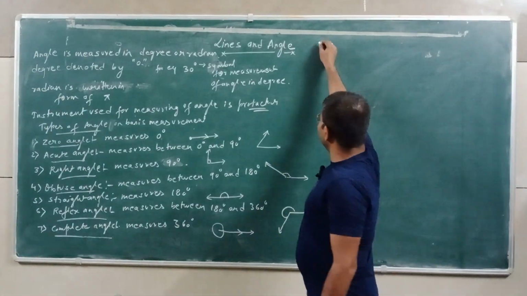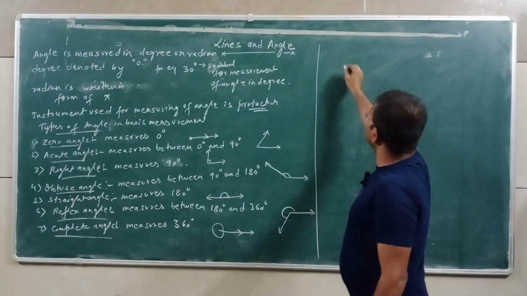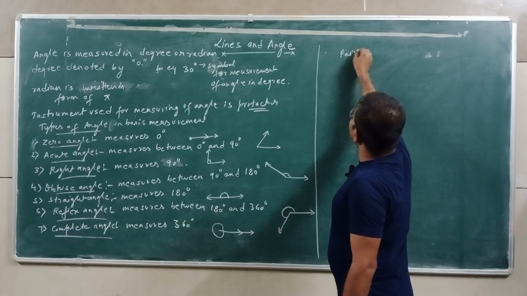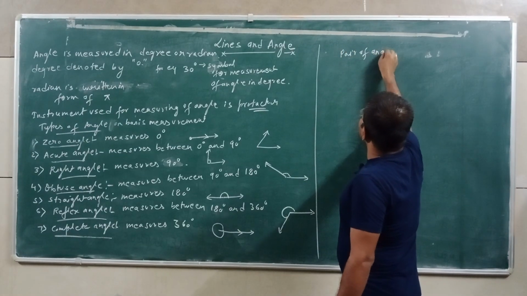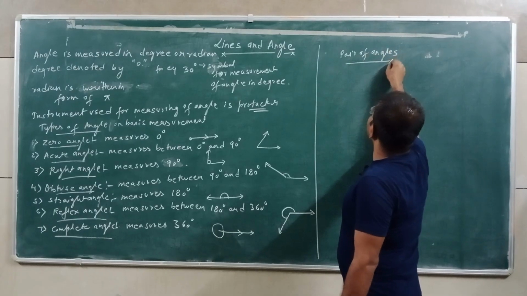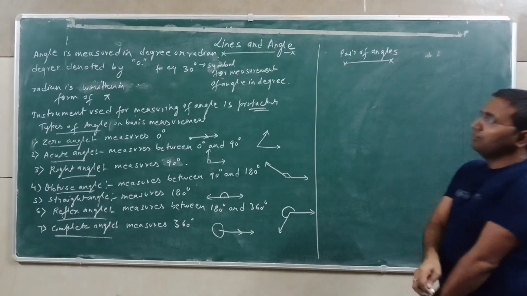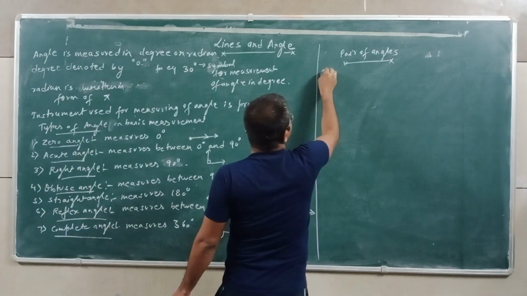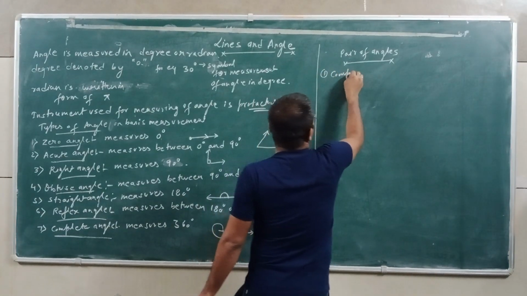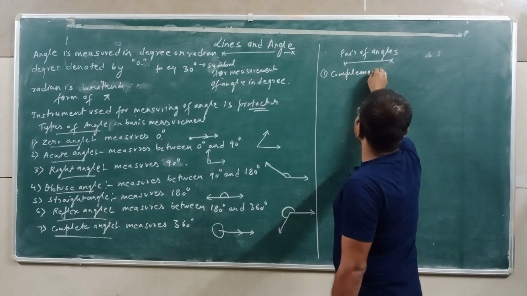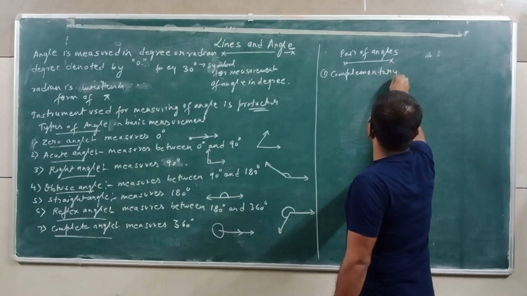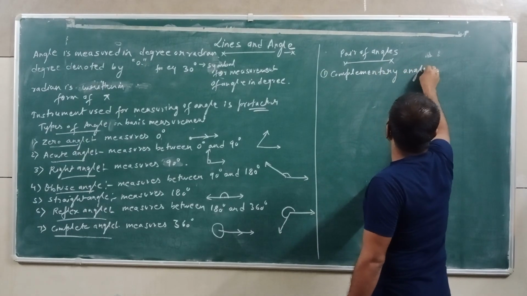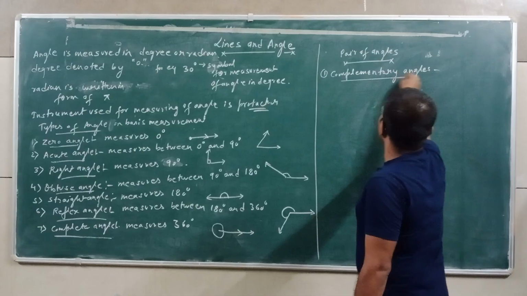Okay, now we are going to learn pair of angles. In pair of angles, the first pair is complementary angle.